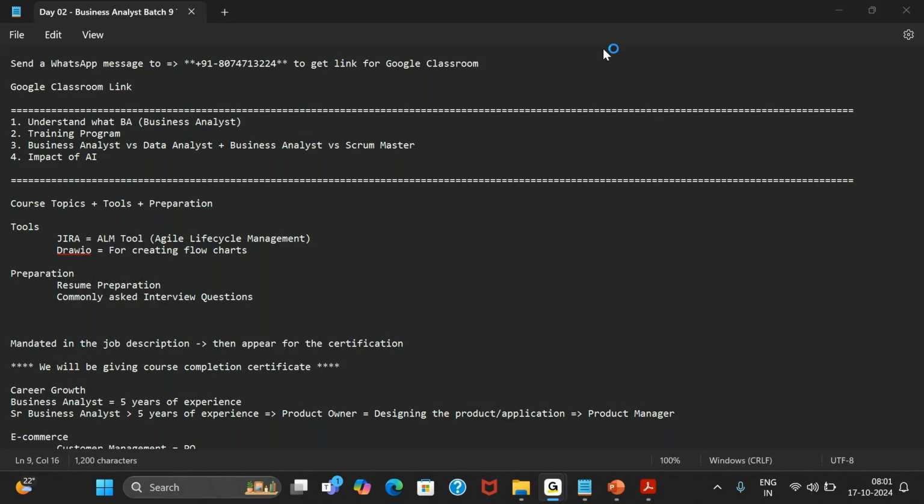But as a BA, if you build a good rapport with these developers, often these developers are a little hesitant in giving any negative news that they cannot deliver the work on time. If you build a good rapport with them, they would tell you that also, that yes, I'm facing some challenges. Use that rapport and inform your stakeholders in advance, but don't just inform them about the negative news that we may not be able to meet the timelines.